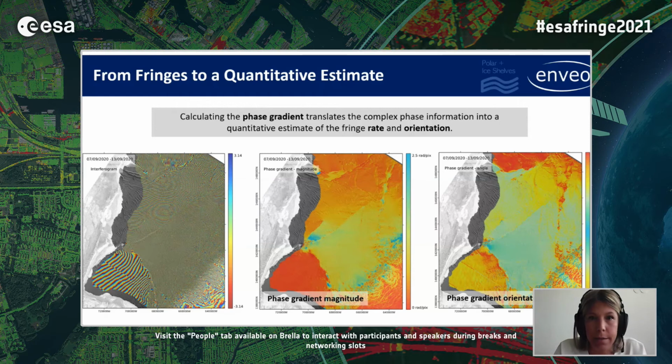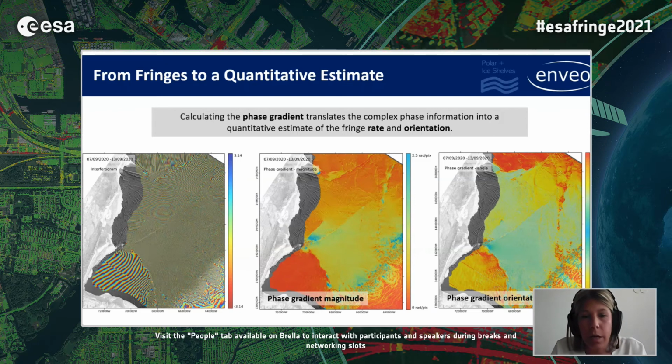The magnitude relates to the fringe rate and the orientation relates to the fringe orientation. And you calculate it directly from the wrapped interferogram, so it spares you the phase unwrapping processing, which is tedious and long and can introduce a lot of phase unwrapping errors.